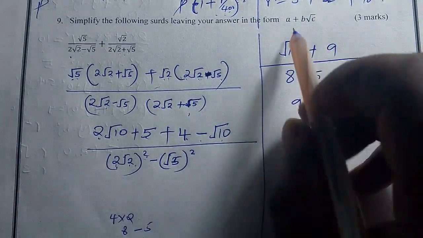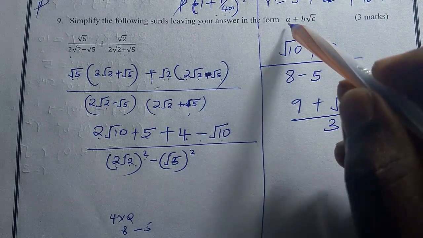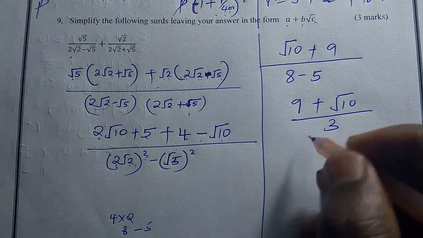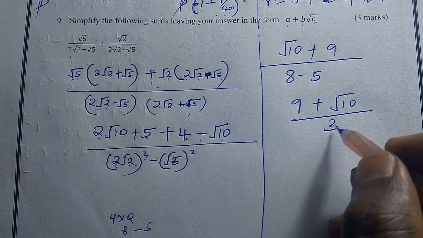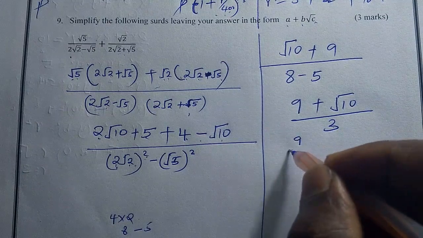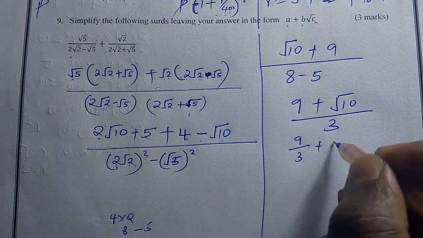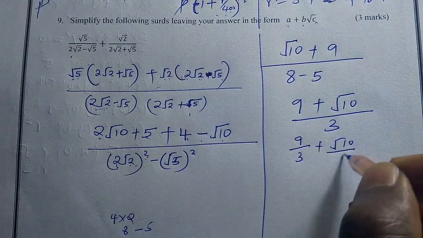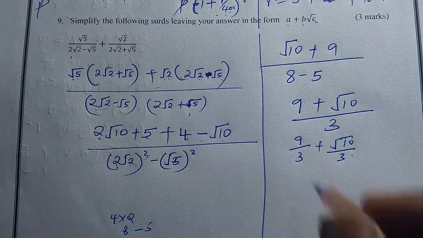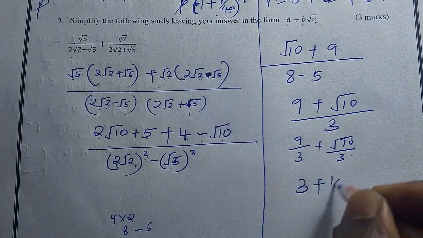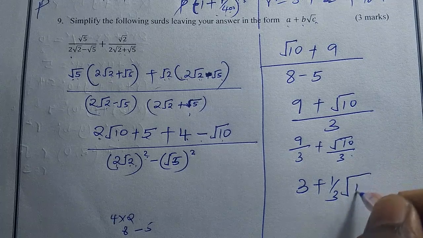Since we were told to leave it in the form of A plus B root 10, then you can divide individually. This 3, this is like 9 over 3 plus root 10 over 3. This is 3 plus 1 over 3 root 10.